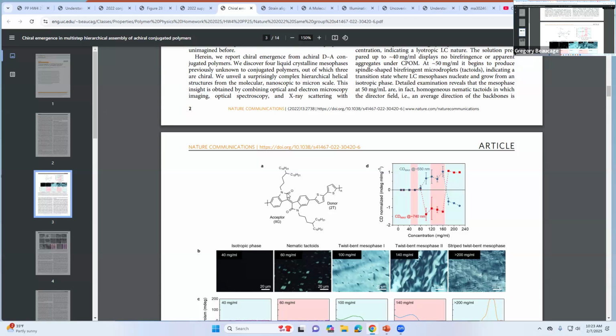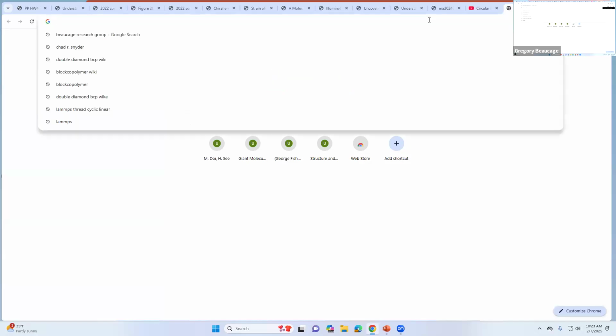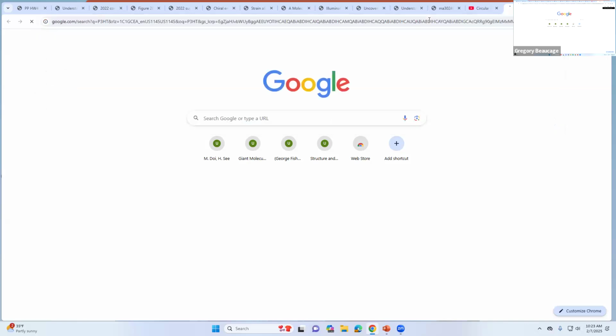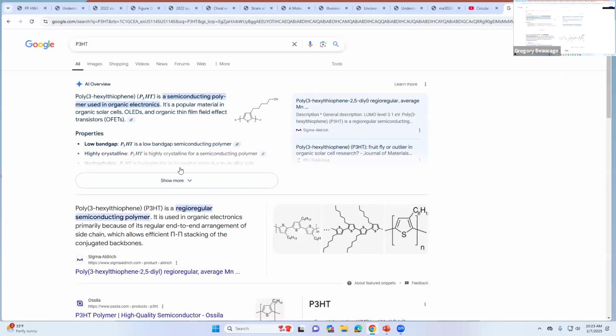In order to make it soluble, they stick things on. The classic one is P3HT. You see polythiophene, and they put on 1, 2, 3, 4, a hexyl alkane chain onto the side.